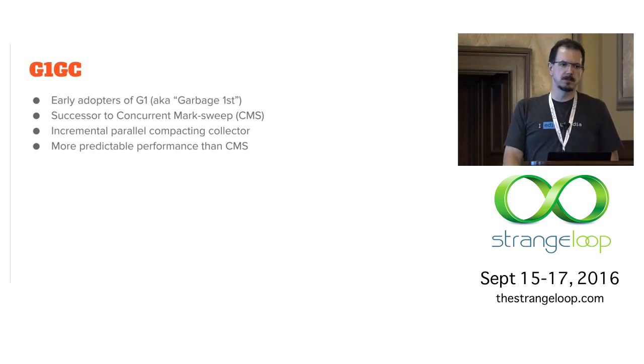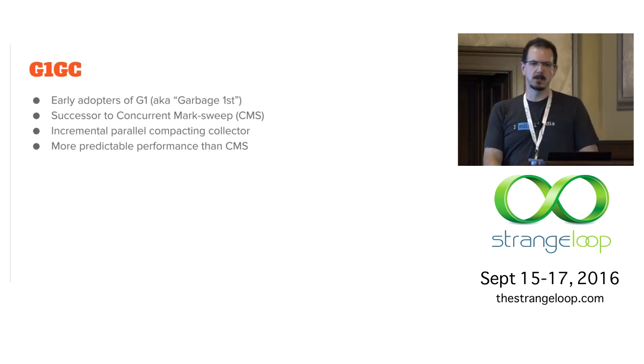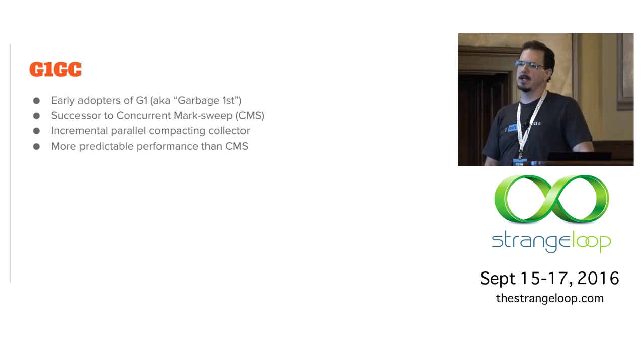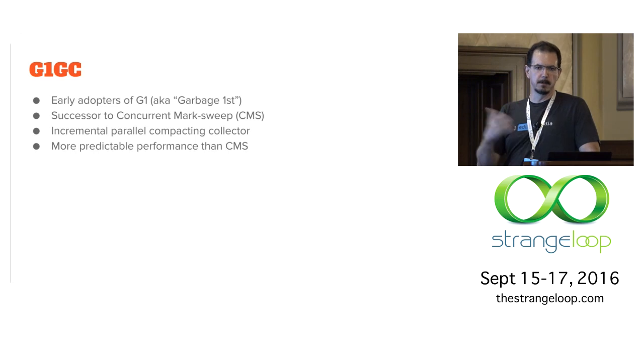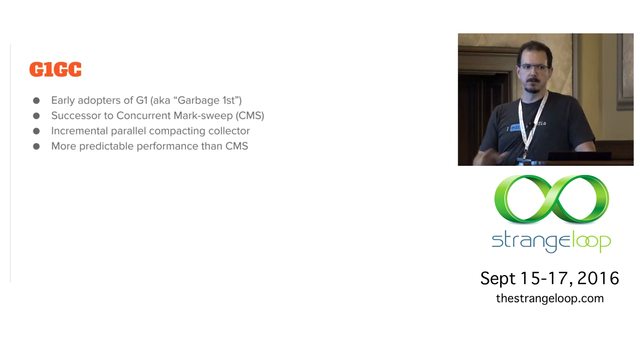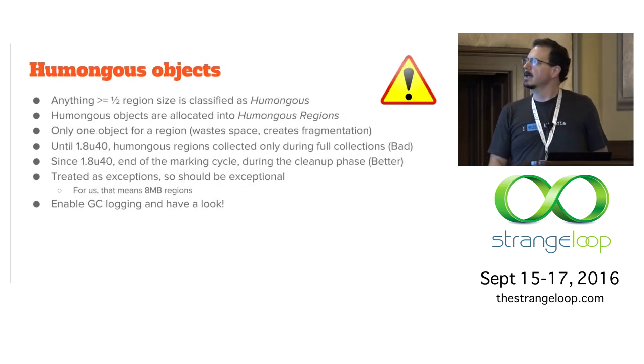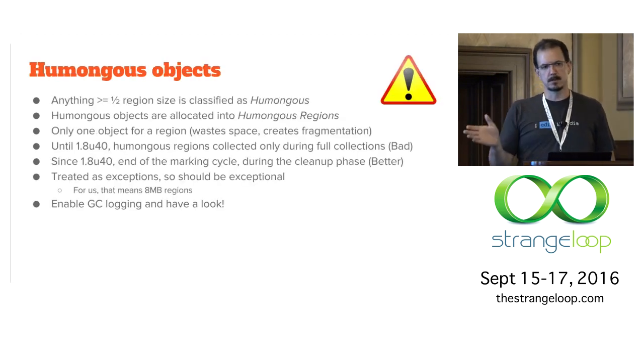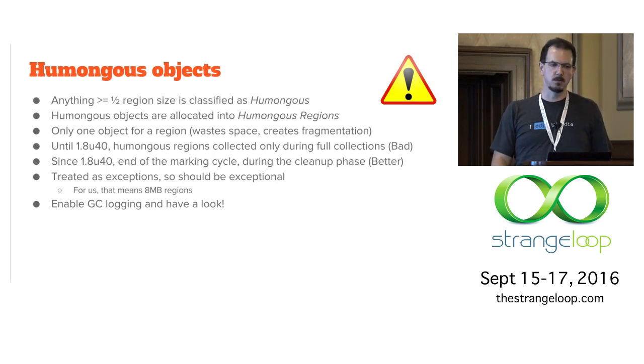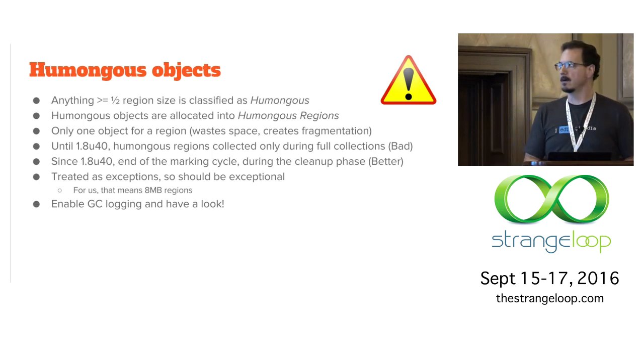Then we found G1 GC, and most people will describe G1 as being mostly tuning free. Maybe you need to give it a bit more heap than what you're used to, give it some working space to work its magic. We found that to be mostly true. We had one exception to that. In G1 parlance, a humongous object is one that takes up half or more of your region size.